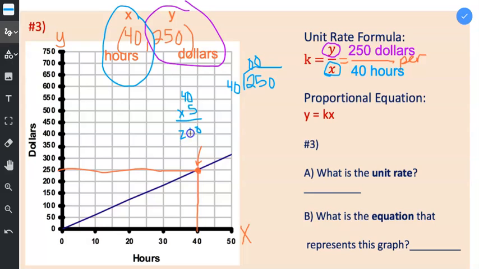We get 200. So let's try 40 multiplied by 6. And that will give us, well, 0 times 6 is 0, 4 times 6 is 24, so 240. All right, so that is the proper value, because I know that if I have another 40, it's going to be 280, which is too much. It's over 250.